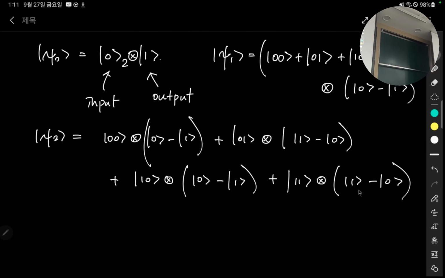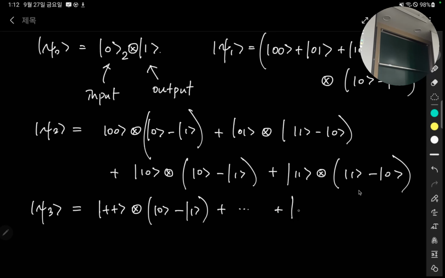Let's make it clever. In principle, when I take the Hadamard gate on the input register, 0, 0 becomes plus plus, 0 minus 1, and so on.